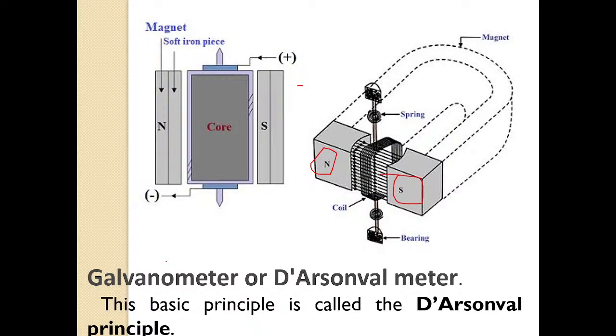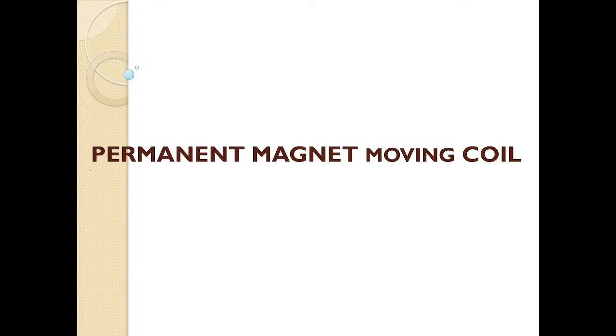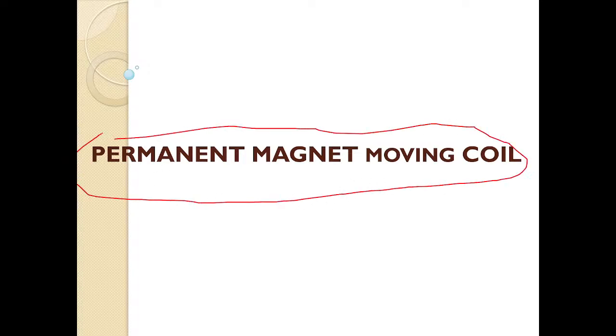Since this coil is placed inside the permanent magnets, this instrument is named the permanent magnet moving coil instrument. Why is this name given?